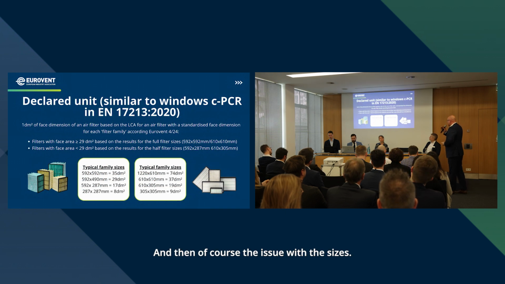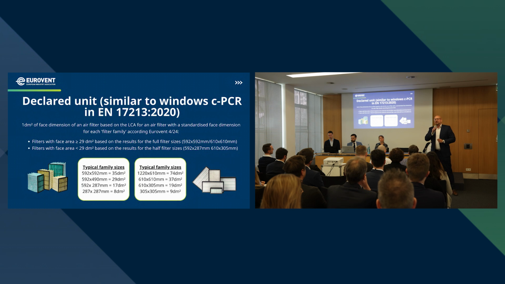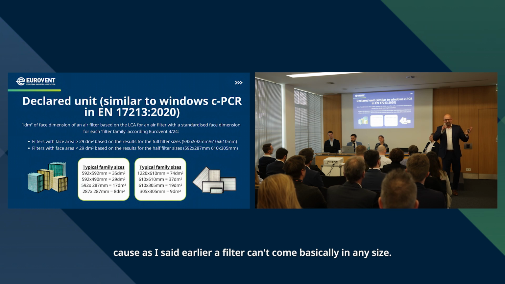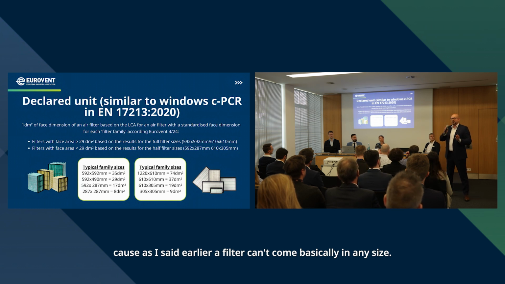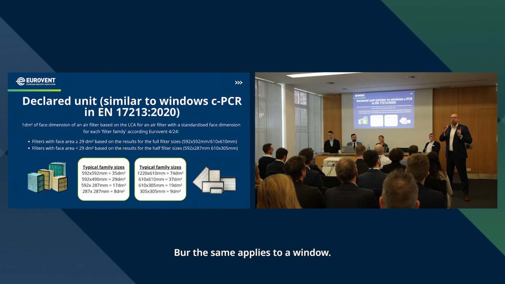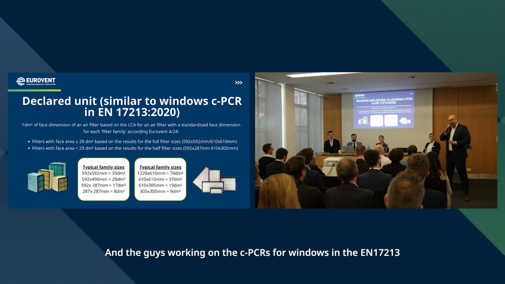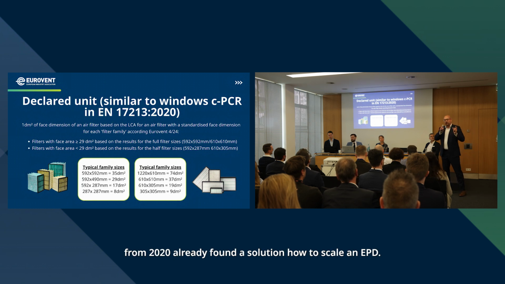And then, of course, the issue is the sizes. And there we tried an idea someone else had. As I said earlier, a filter can come basically in any size. But the same applies to a window. Windows come in every size of the building. And the guys working on the c-PCRs for Windows in the EN 7213 from 2020 already found a solution how to scale an EPD.